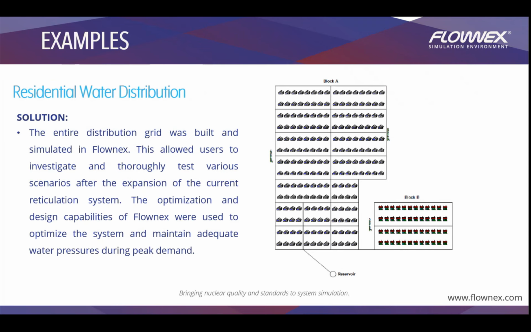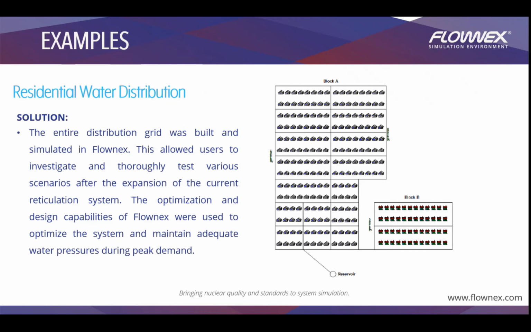So the entire distribution grid was built and simulated in Flownex, where we used the existing data to build the entire network in Flownex. Building the entire network in Flownex allowed us to investigate thoroughly and test various conditions after the expansion of the current reticulation system.